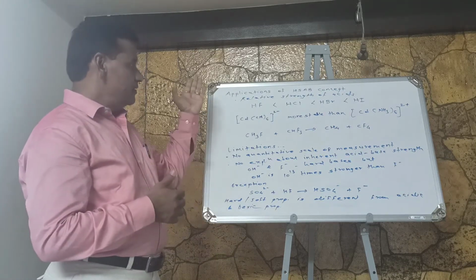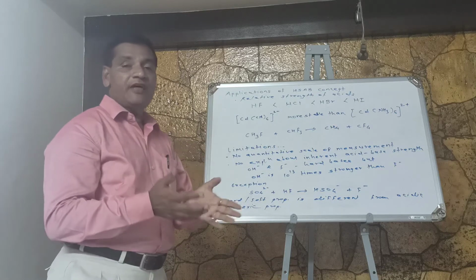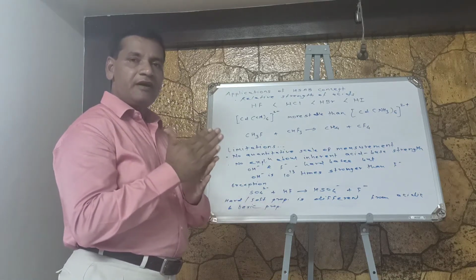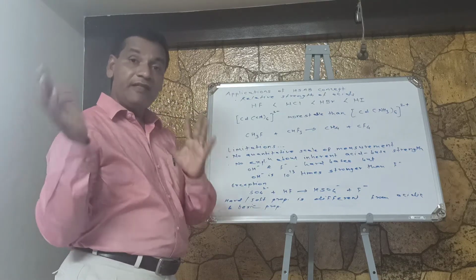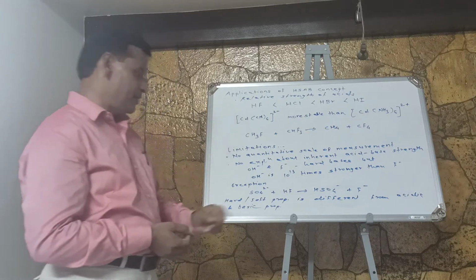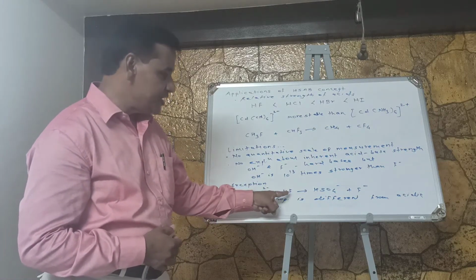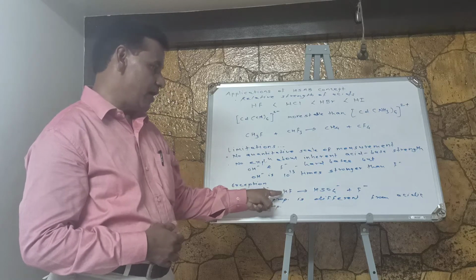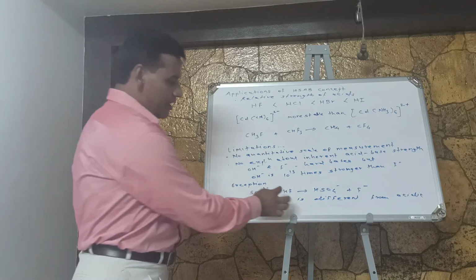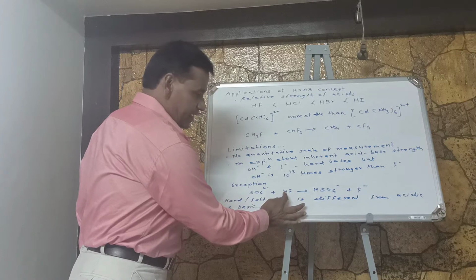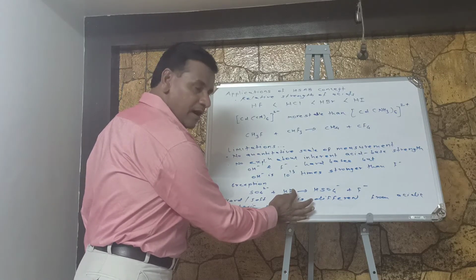Again, the HSAB concept suggests that a hard acid combines with a hard base, but there are some exceptions. For example, SO4 minus minus reacts with this stable compound, hydrofluoric acid. Actually, hydrogen is a hard acid, fluorine is a hard base.